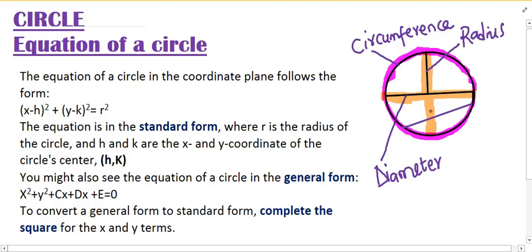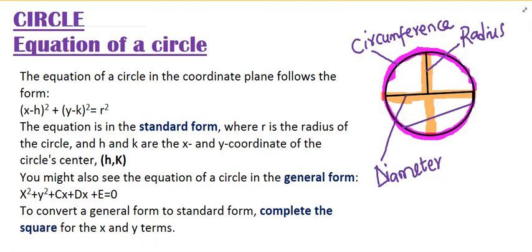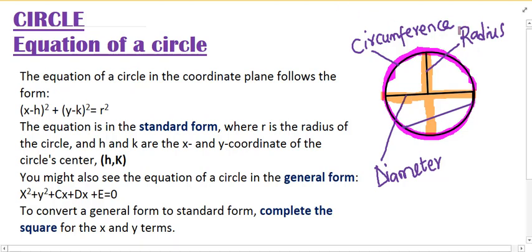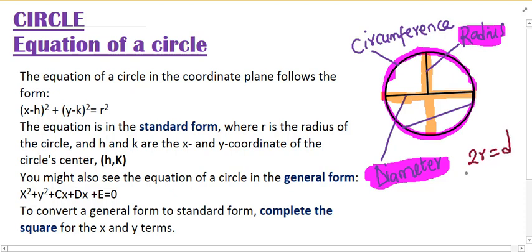The relationship between the radius and the diameter is that two radii give us one diameter. By the formula, 2r equals d, or diameter is 2r.